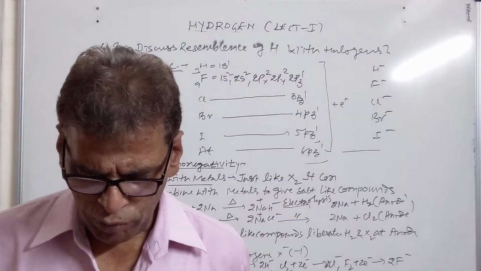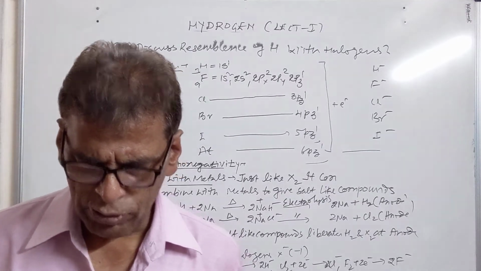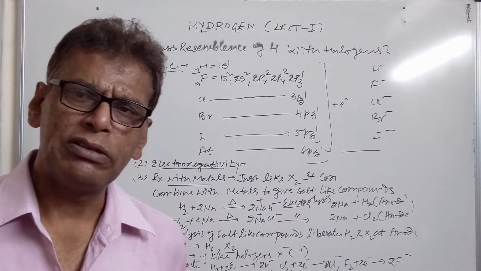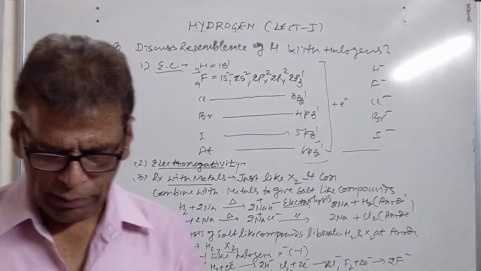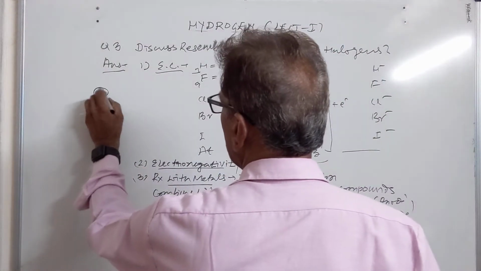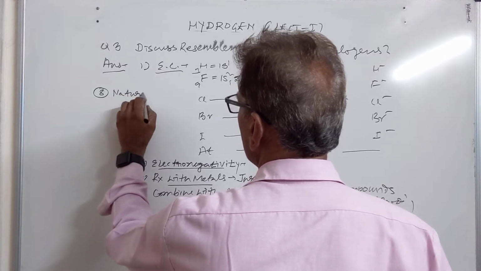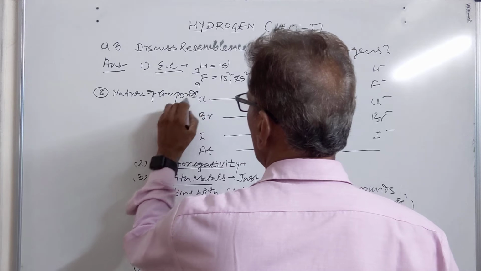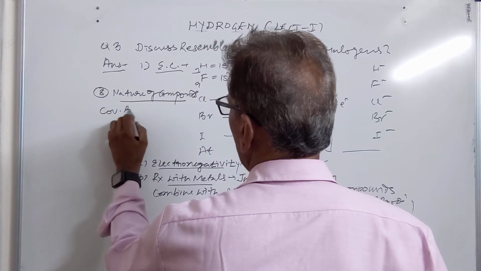Then we have non-metallic character. Like halogen, hydrogen exists as a non-metallic element. Nature of compounds: just like halogen, hydrogen is capable of forming covalent compounds.